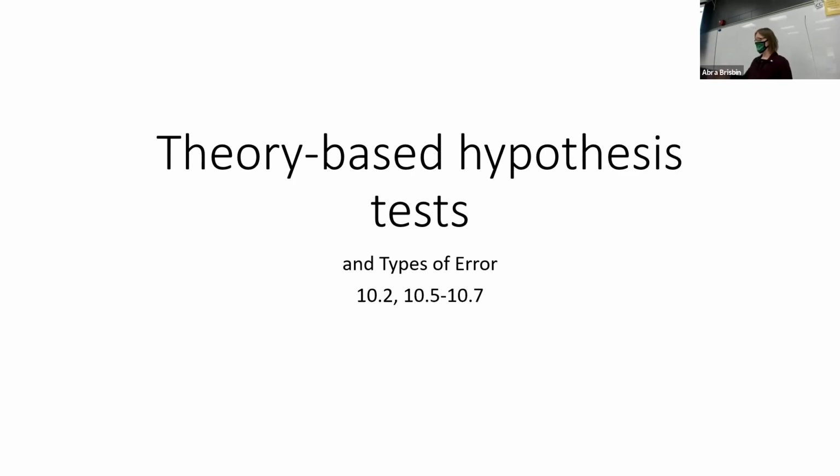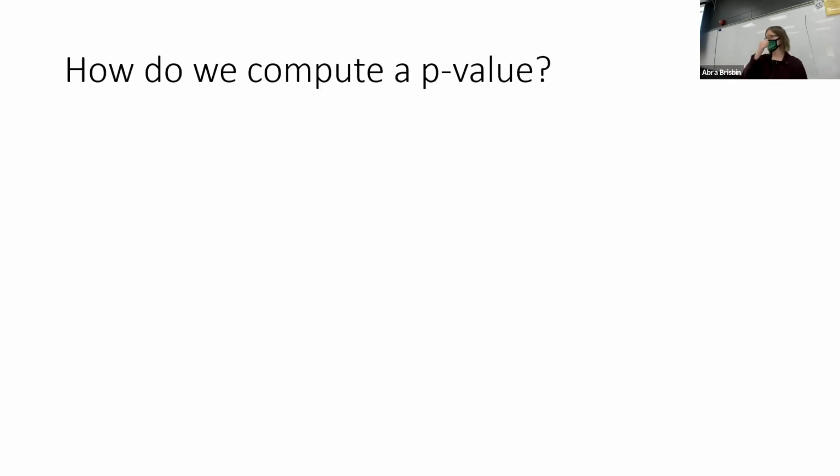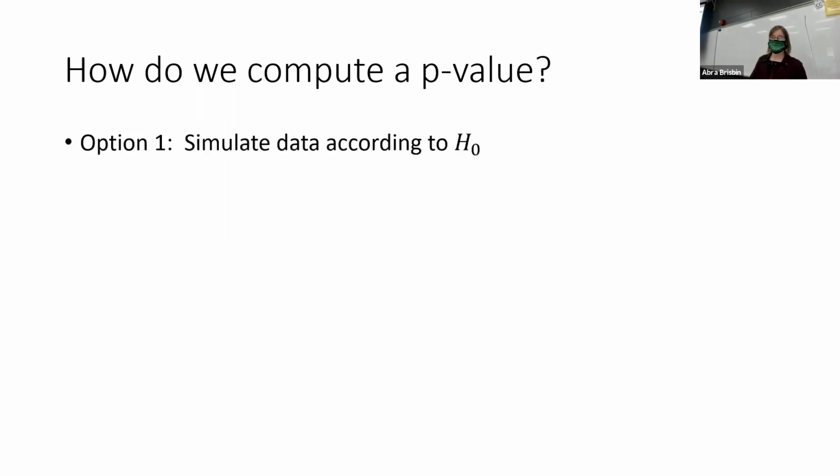So because the p-value is a probability, we have two big overarching options for how we compute it. One way is the way we talked about last time, which is to simulate data according to the null hypothesis.